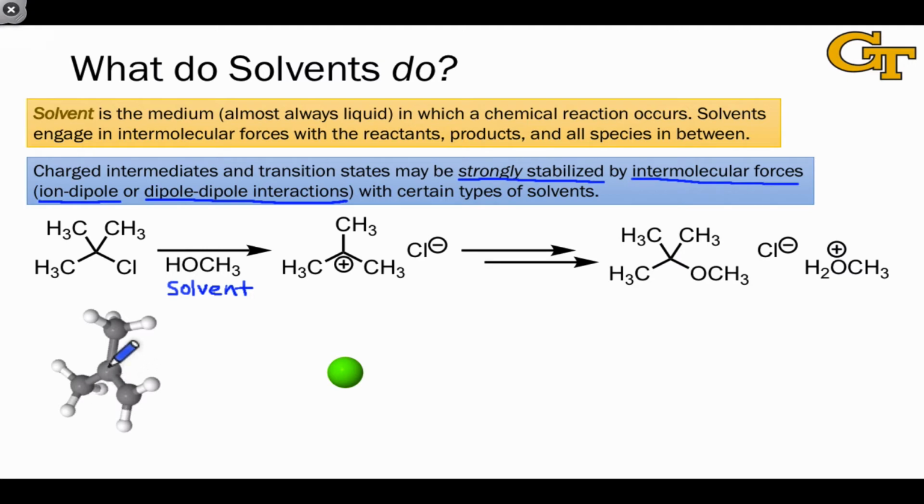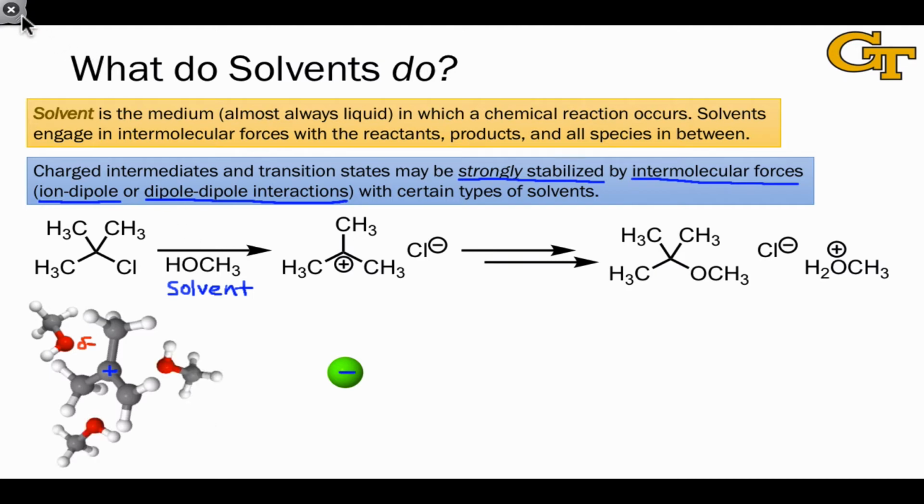Well, keep in mind that this carbon in the carbocationic intermediate is positively charged, while the chloride anion is negatively charged. Methanol is a molecule that can hydrogen bond and engage in dipole-dipole interactions, and the negative end of methanol's molecular dipole can engage in an ion-dipole interaction with the carbocation. In fact, a large number of solvent molecules can do this.